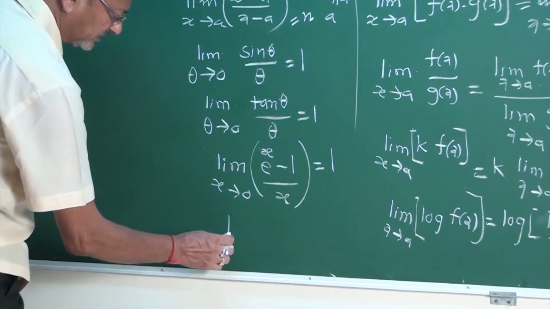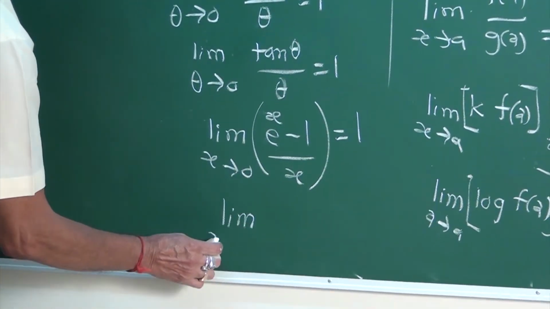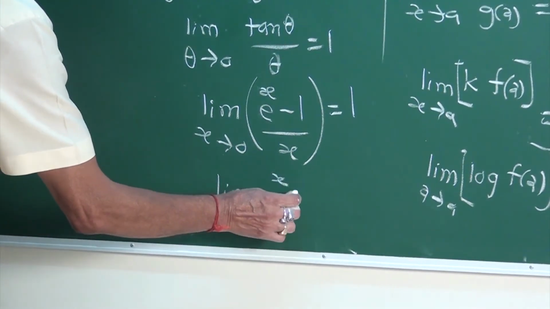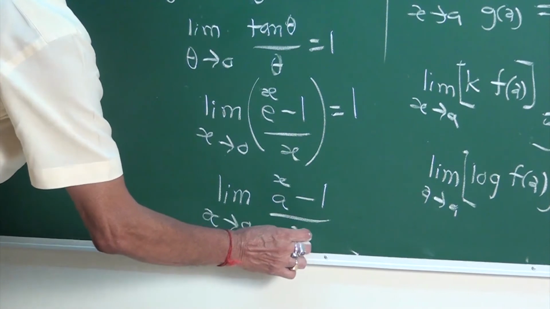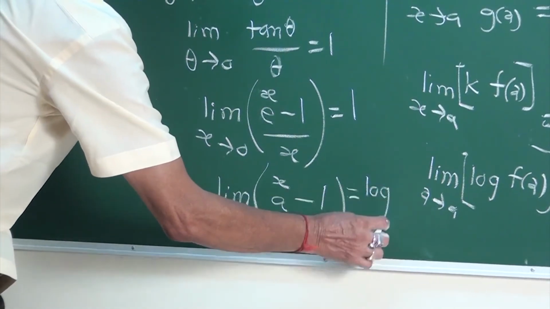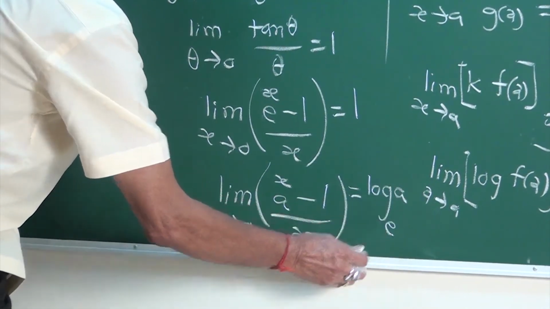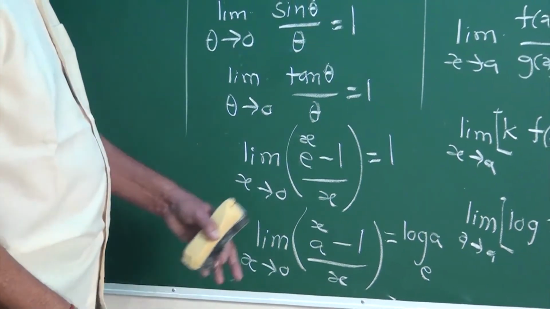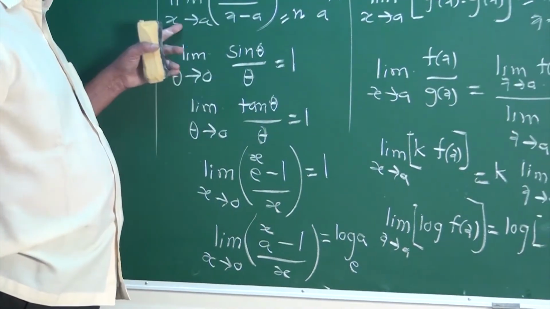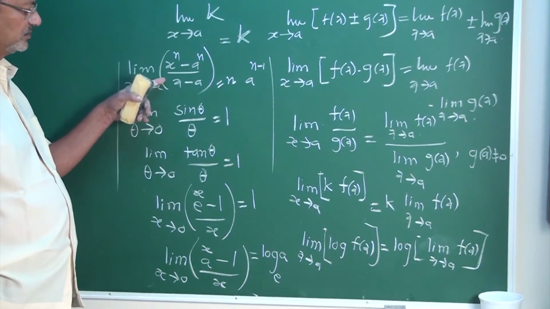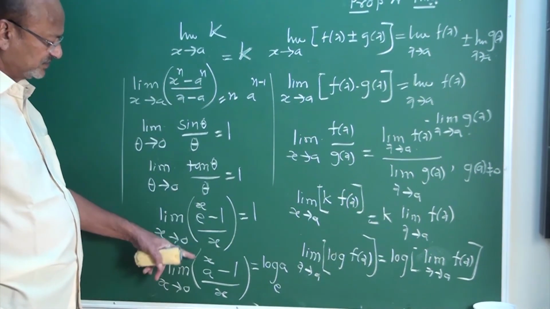If the base is other than e, limit of a to the power x minus 1 upon x equals log a to the base e. Yes, my friend, these are the basics, which we proved last year in first PUC: algebraic, trigonometric, and exponential functions.